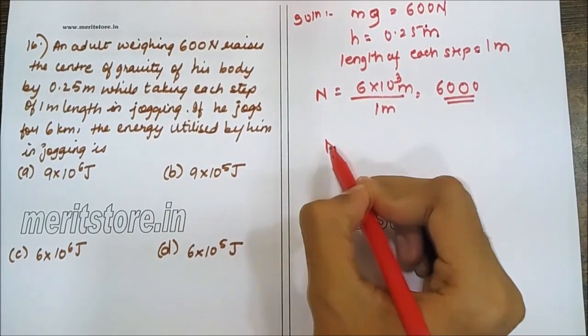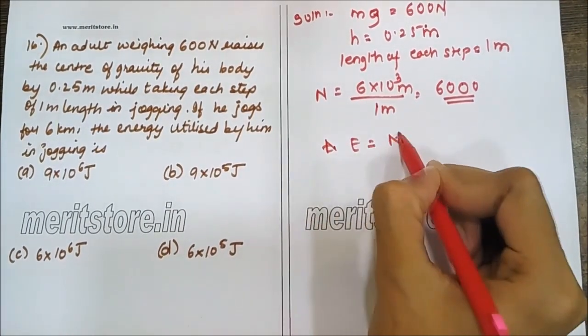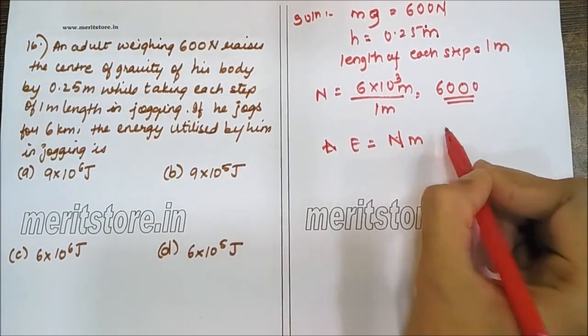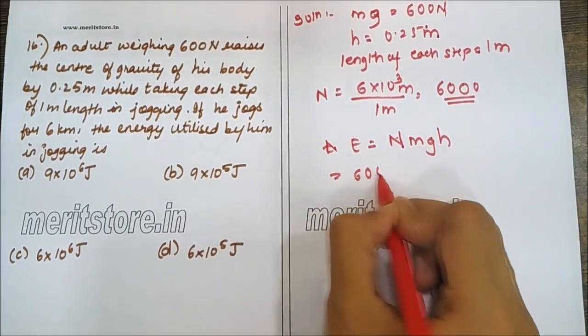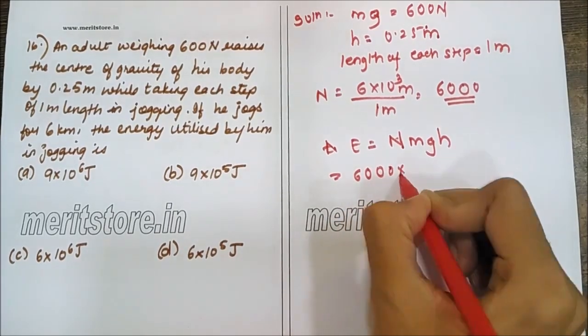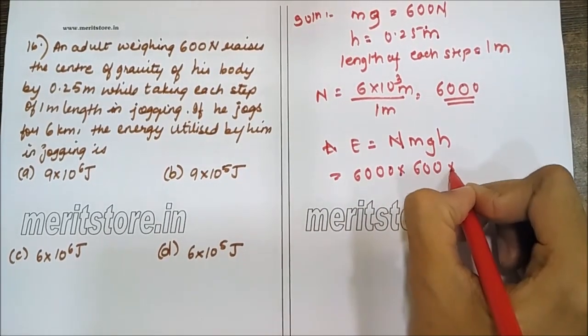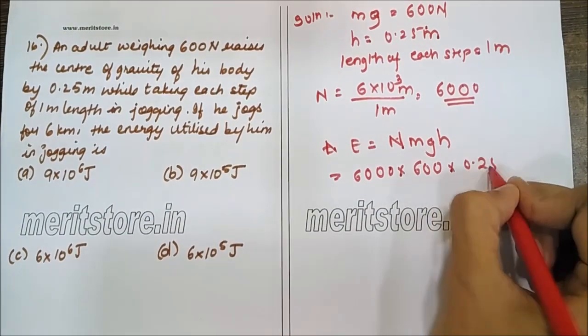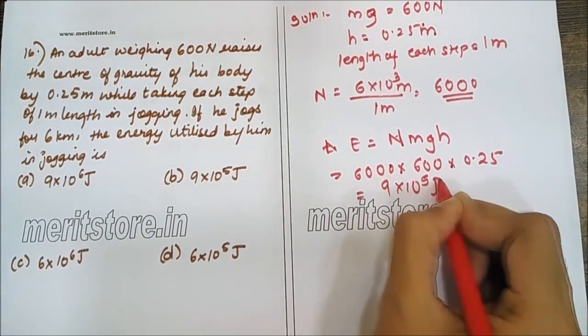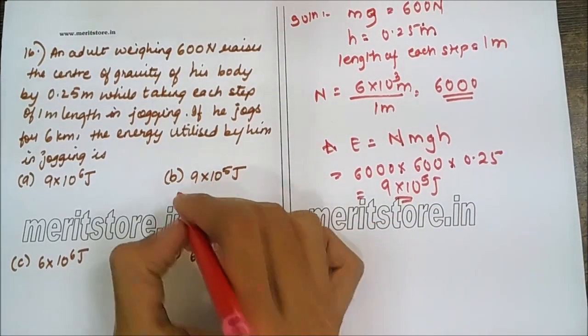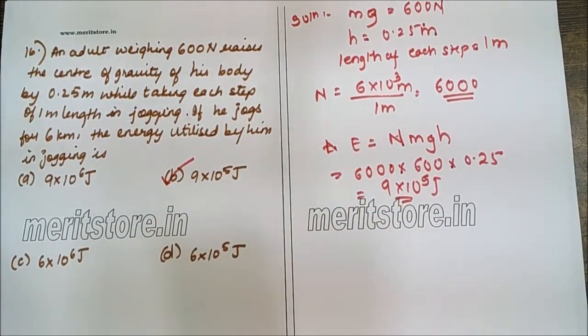So the energy utilized in jogging is E, which equals number of steps multiplied by weight multiplied by the height. So we have 6000 multiplied by 600 multiplied by 0.25. The value comes out to be 9 into 10 to the power 5 joules of energy. So option B is the correct option.